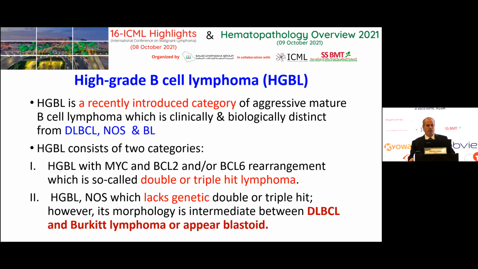The first category is high-grade B-cell lymphoma with MYC and BCL2 and/or BCL6 rearrangement, called double hit or triple hit. The second is high-grade B-cell lymphoma NOS, which lacks the genetic double or triple hit, but has morphological features intermediate between diffuse large B-cell lymphoma and Burkitt lymphoma, or has blastoid morphology.